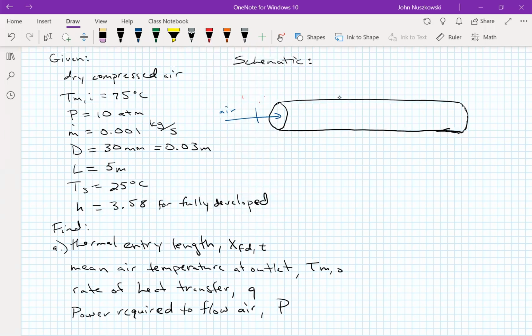It flows out at some mean outlet temperature.